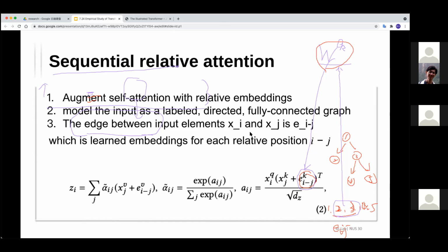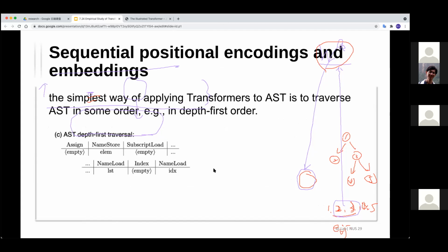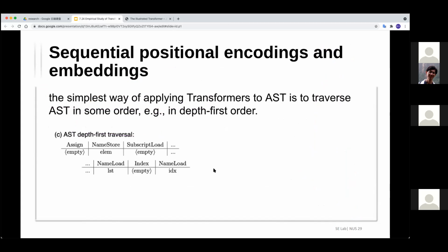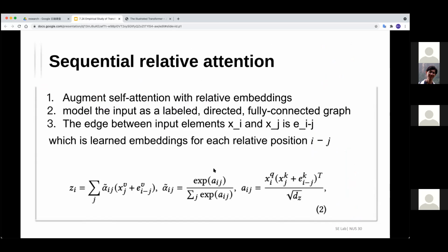So basically, it's independent or irrelevant to the tree structure in a way. Okay. It's just the upgrade of the previous work. That work just traverses it in some order, and now he changed to the relative order, the relative position.